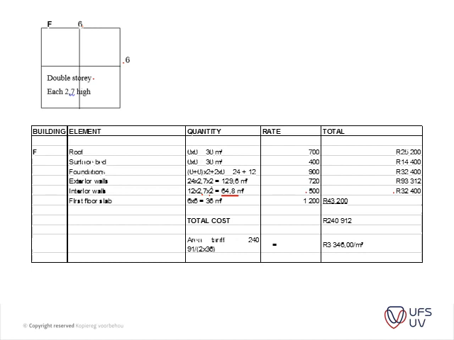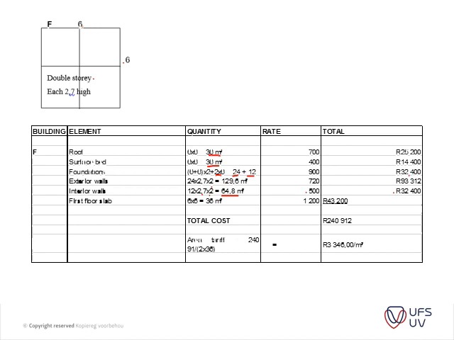The roof will be the same, our surface bed stays the same, and our foundations also stay the same. So we've got 6 plus 6 times 2 plus 2 times 6. We've just added our interior walls as well, so you can see that went up a little bit.